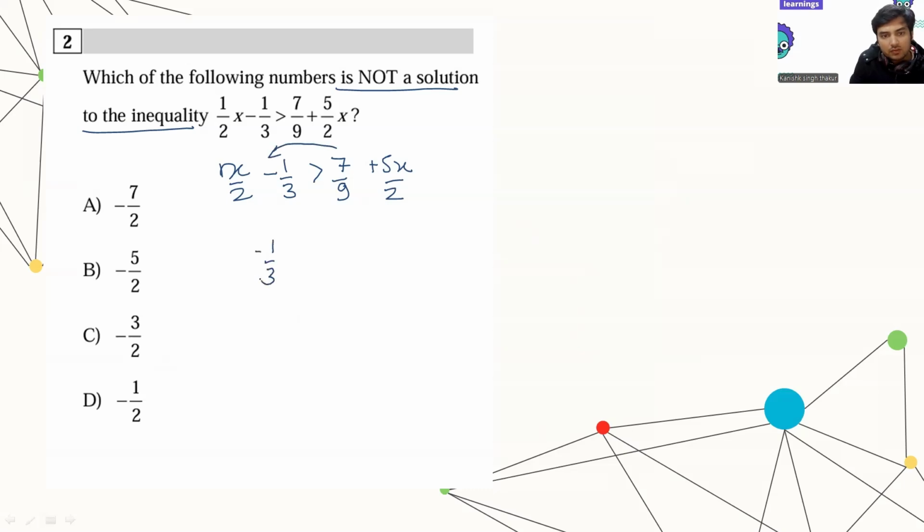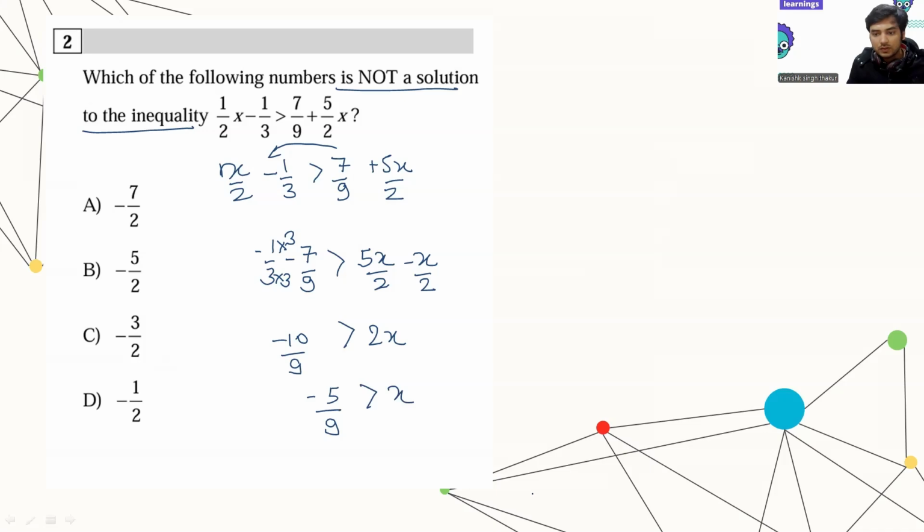So minus 1 over 3 minus 7 over 9 is less than 5x over 2 take away x over 2. So this is 4x over 2, so this is 2x, right? And then you have 3 into 3, so minus 10 over 9. So x is less than minus 5 over 9. So this would be your answer.